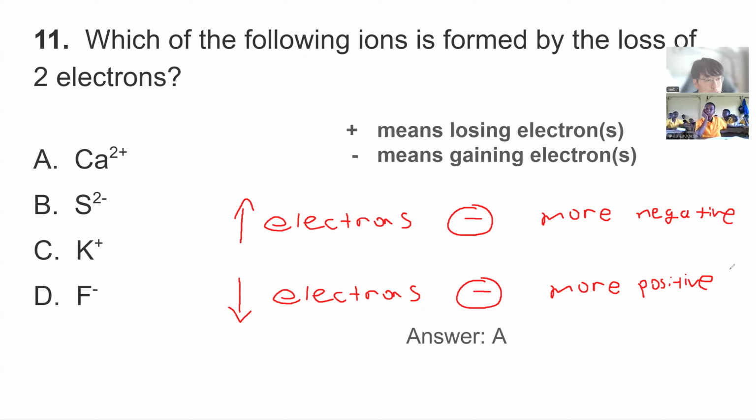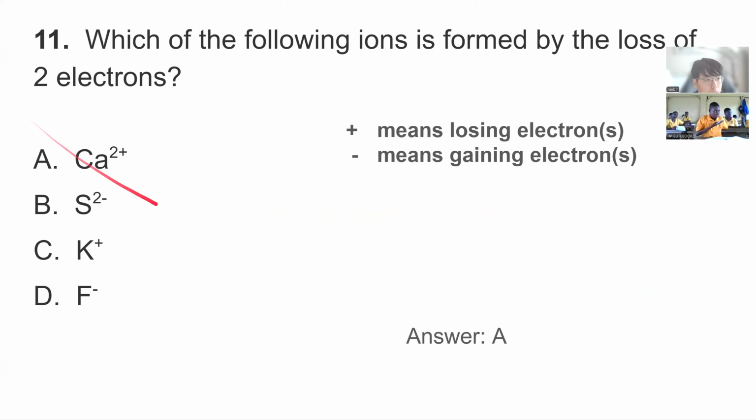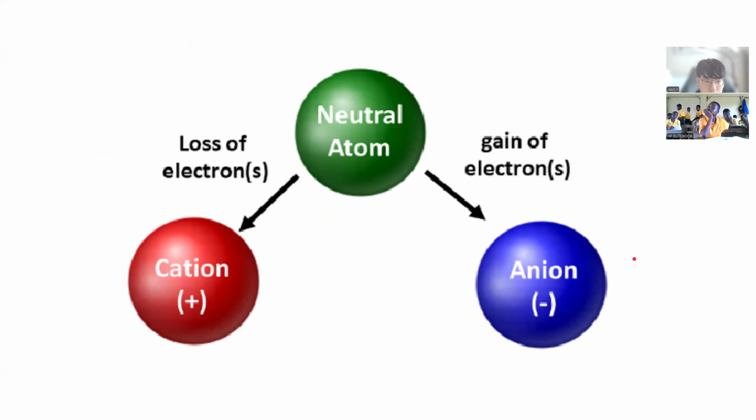Okay, so we talked about loss of electrons leading to positive ions and gain of electrons ending up in negative ions.